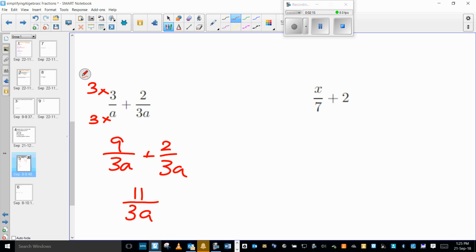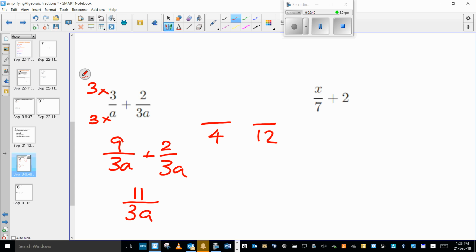Why did you make them that? Because we're looking at these two. The easiest common denominator to have would be 3a. It's like if we had 4 and 12, I wouldn't make it 48. I wouldn't multiply both together because I know that 4 goes into 12.